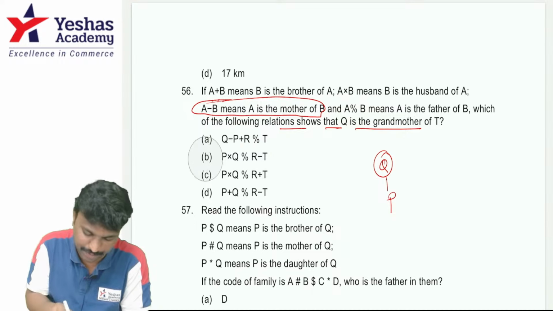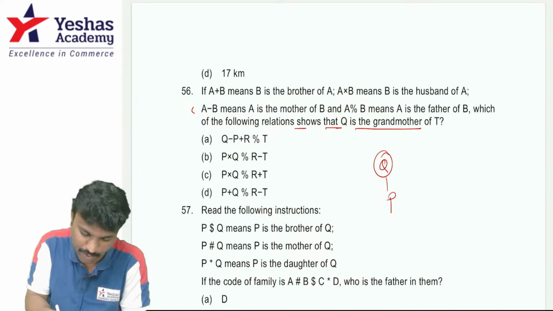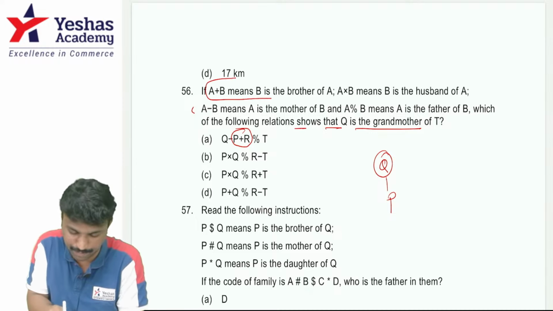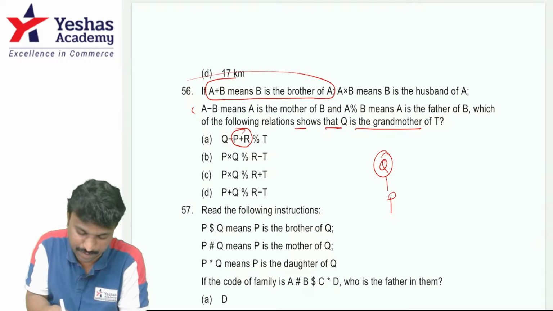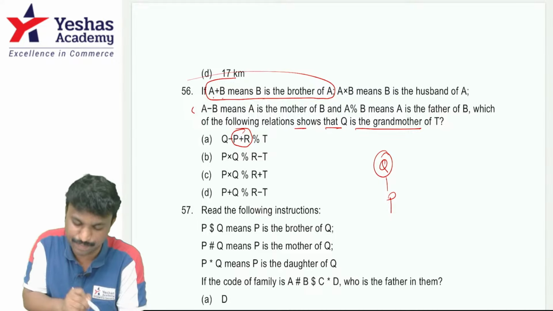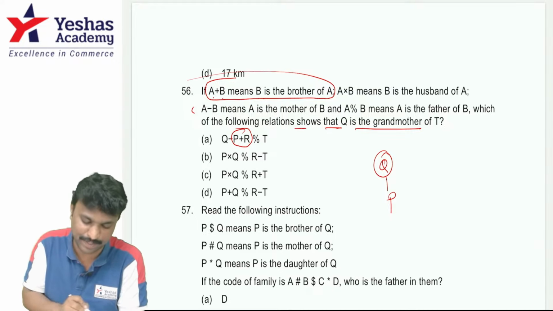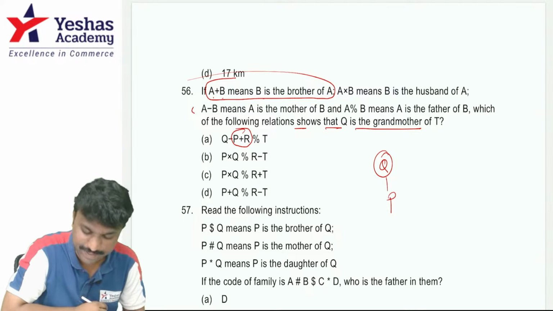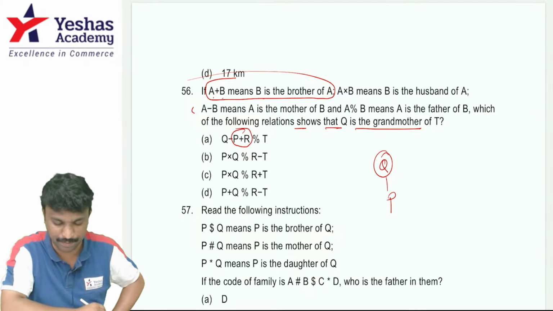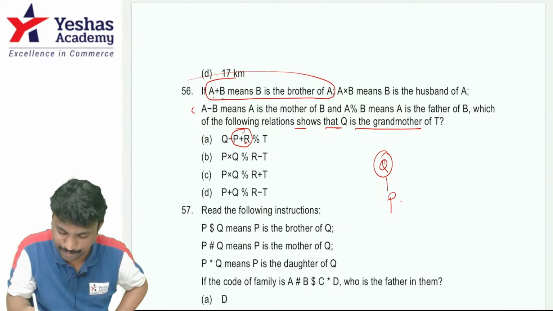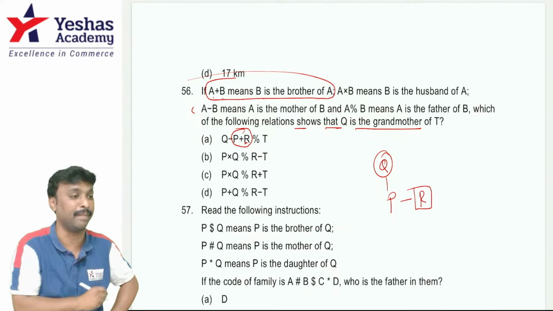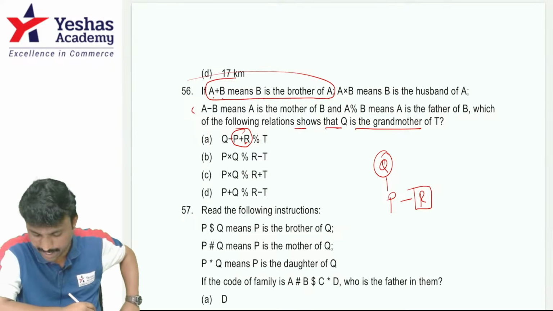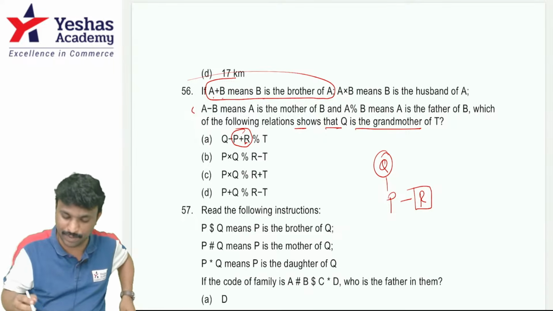Now take the next two persons. Who are they? P plus R. So plus means the first statement we have to refer to. A plus B means B is the brother of A. The second person is the brother of the first person. That means R is the brother of P. Be very careful. It's not A is a brother of B. It's B the brother of A. You understood. So R is a brother of P.